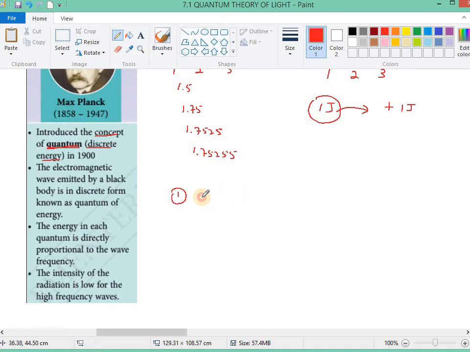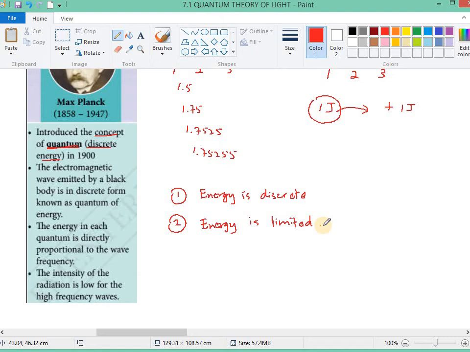First, energy is discrete. And the second is that energy is limited. Energy is not unlimited, it's limited.